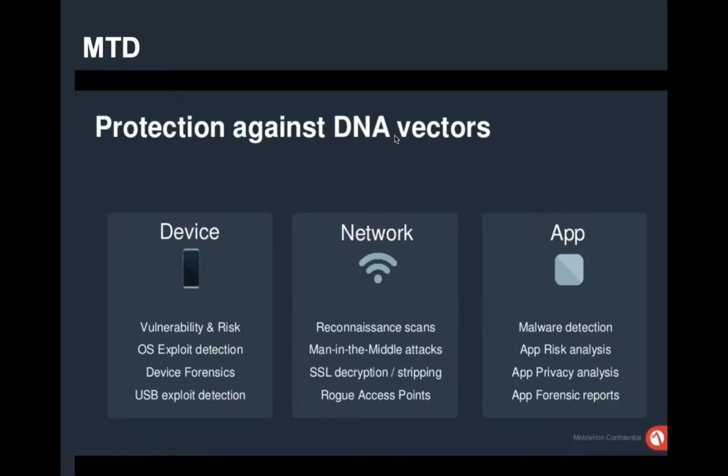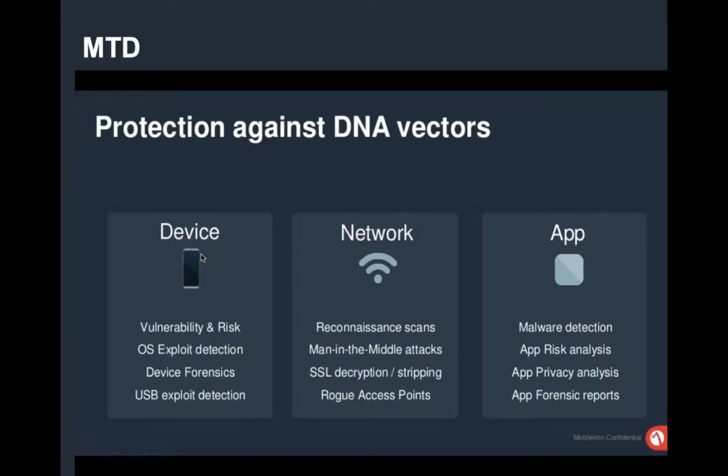Let's say that the device is not patched properly, right? Or your device has zero-day vulnerabilities, or it could be any USB exploit detection, right? It protects from all those kinds of attacks, as in any attack originating from the device itself, not anything interacting with Wi-Fi or any third-party application, etc. As in the flaw in the device itself, right?